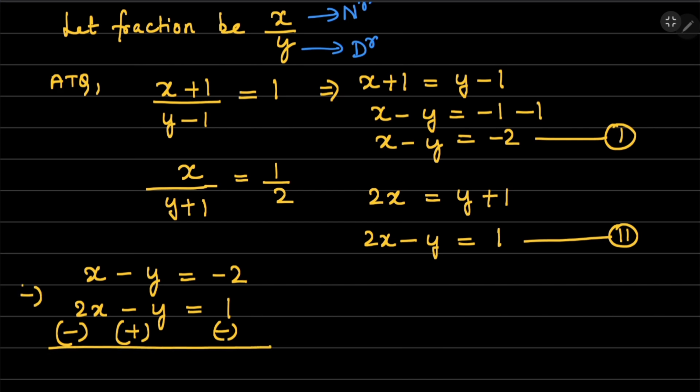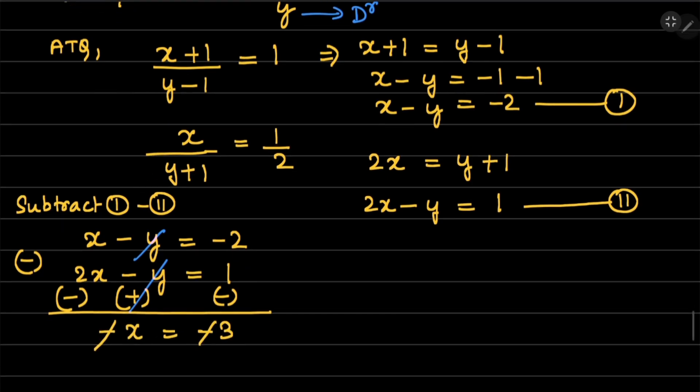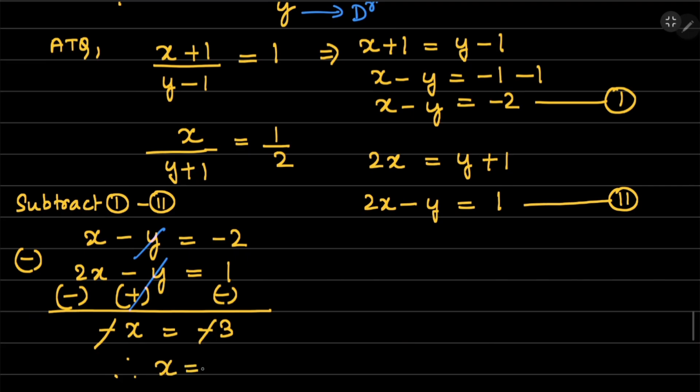So you are just subtracting 1 minus 2. Now minus y plus y will get cancelled. So what is x minus 2x? It is just minus x, is equal to minus 3. Negative will get cancelled. Therefore, x is equal to 3.